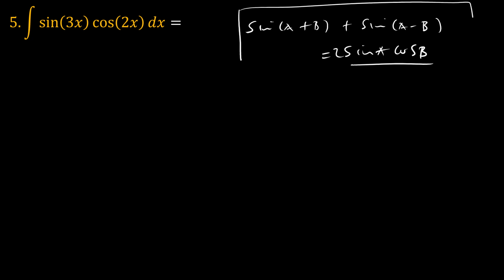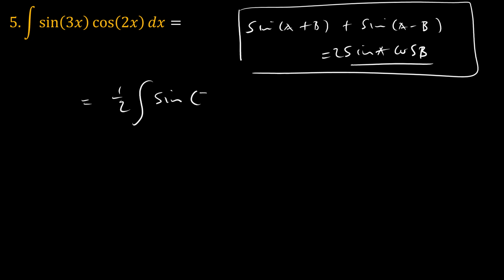And using this identity, we can say this is the same as the integral of a half sine of 5x plus sine of 3x minus 2x as A minus B, which is just x.